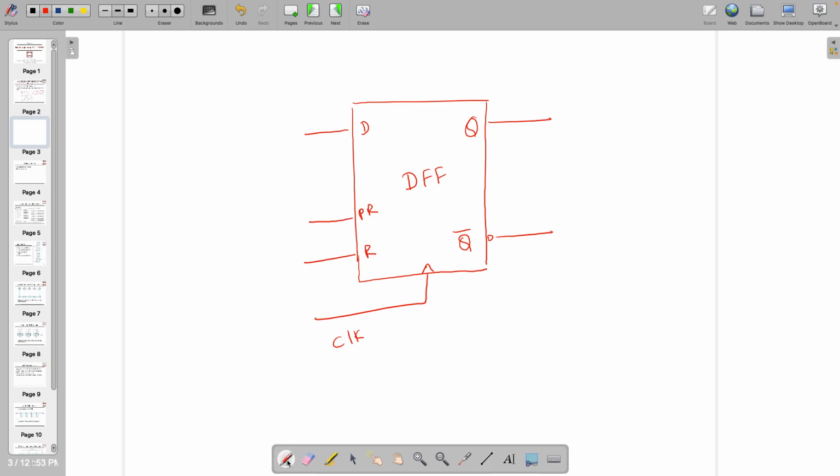Sometimes reset is also written as clear, reset or clear, anything is written. So if clear is there, at that time Q will be 0 and Q bar will be 1. If preset is 1, it means Q equals 1 and Q bar equals 0, right? That is going to be happening over there, that you need to take into account.